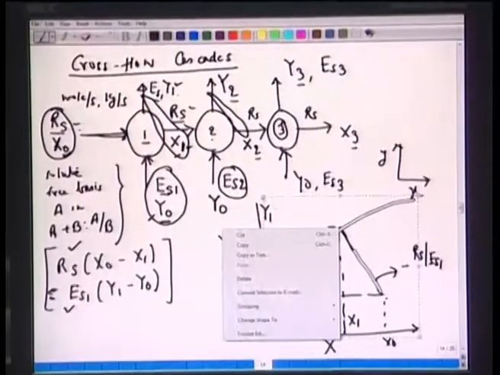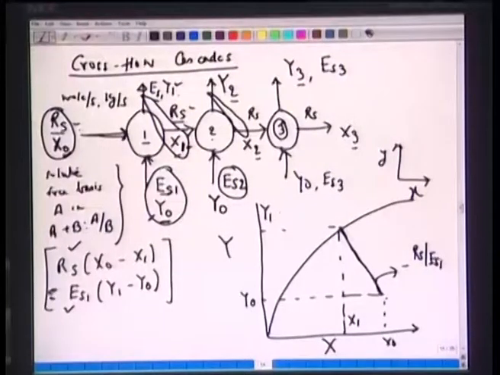The leaving streams y1 and x1 would be in equilibrium. Or given y1 and x1, if we mark this point, one can connect these two points to get this operating curve with slope minus Rs over Es1. So it depends upon the type of problem which we have. Okay. Now when the streams enter stage 2, again it encounters the same composition y0, but the flow rate is Es2.